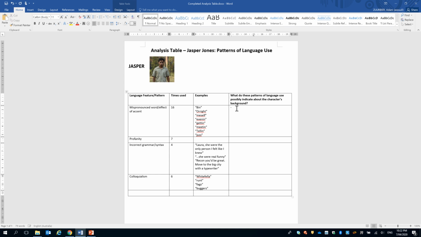They reflect where he has grown up, and his accent is reflective of the fact that he's an Australian. It might also be reflective to some extent of his cultural background as an Aboriginal Australian as well.